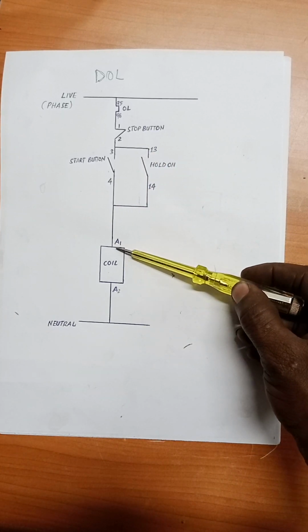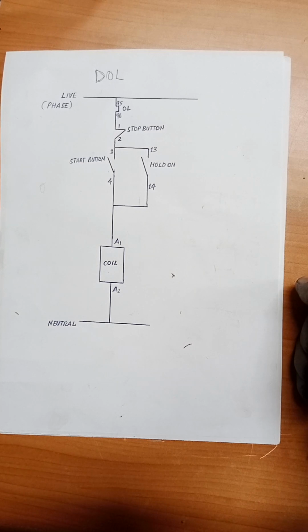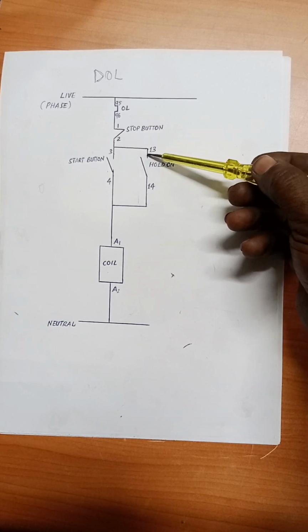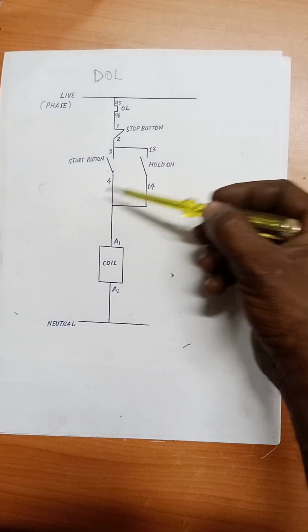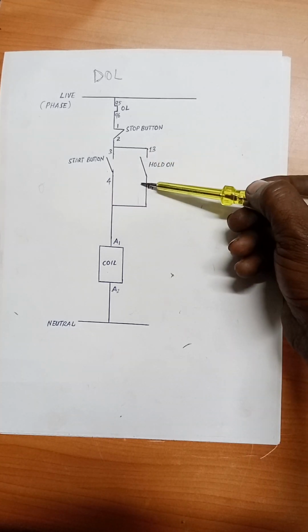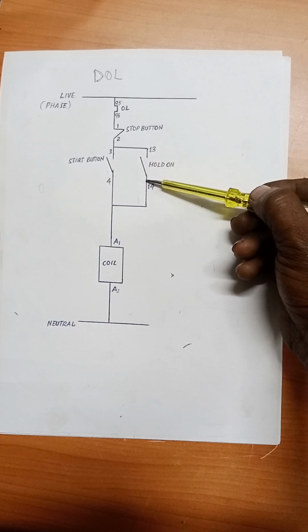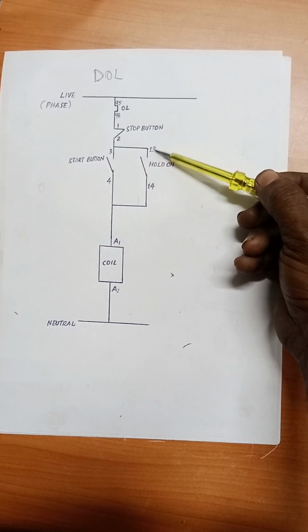When power goes to the coil, our contactor will be energized. When the contactor is energized, remember this is NO. When contactor is energized, this will become NC. It will go inside, means it will go NC.